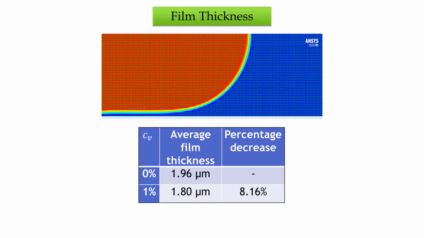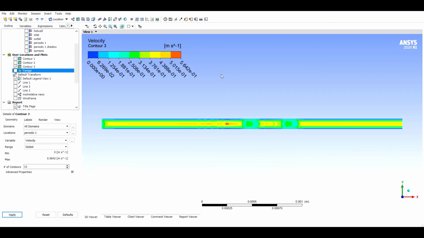Generally, there exists a thin liquid film between the droplet and the channel wall. This has the potential to increase the heat transfer. Here, when adding the nanoparticles, we observe that this film thickness has decreased.